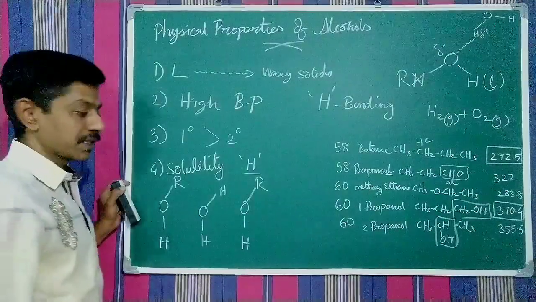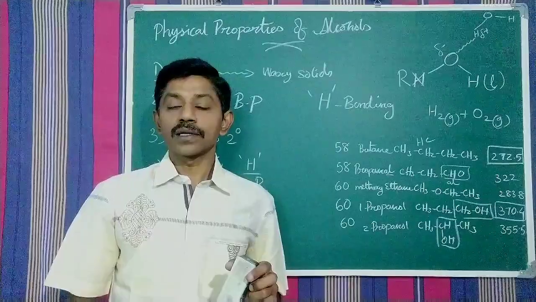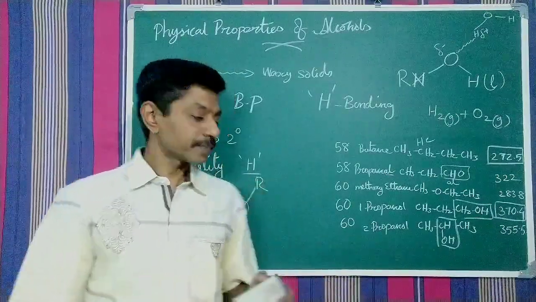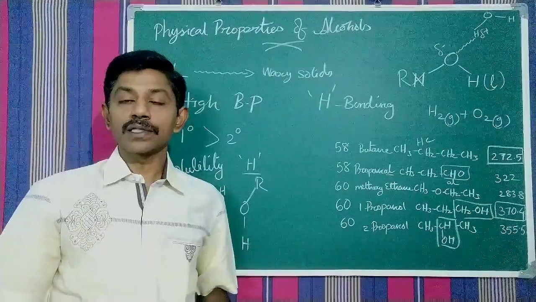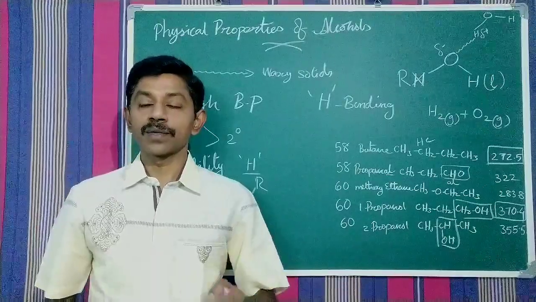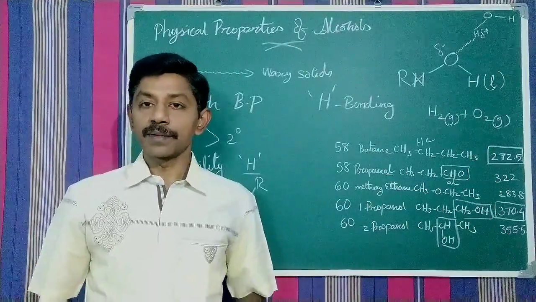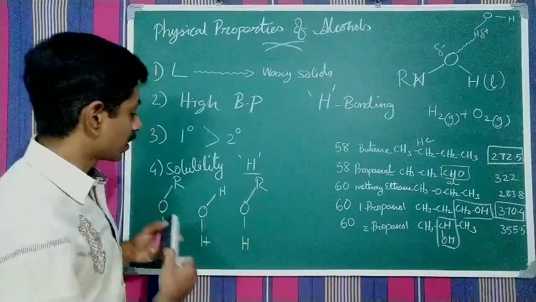Then a big question arises in front of us. Alcohols come under organic chemistry, and water is an inorganic molecule. How come alcohol is soluble in water, whereas petrol and diesel are not soluble in water? They are immiscible. How can these alcohols be soluble in water?